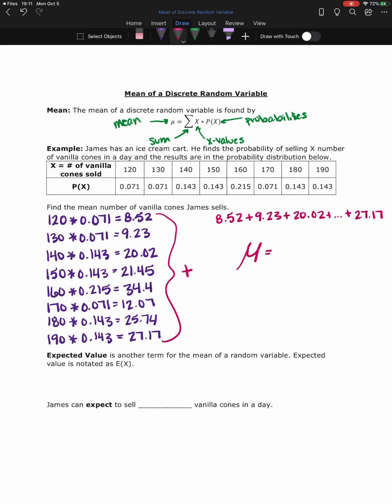So when I do that, let me actually do that to be sure that I get the correct answer, because it's very possible that I made a mistake. We get 158.6, and that is in fact the correct answer. Now it's okay that this is a decimal because this is an average.